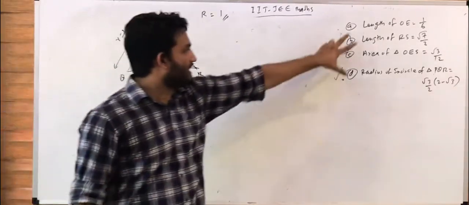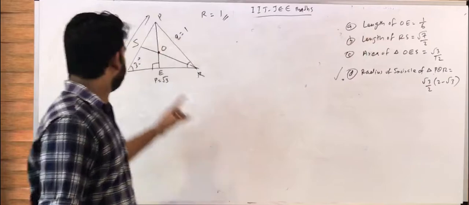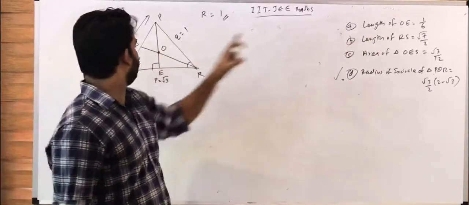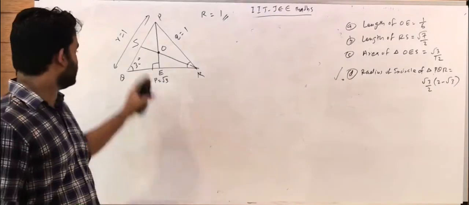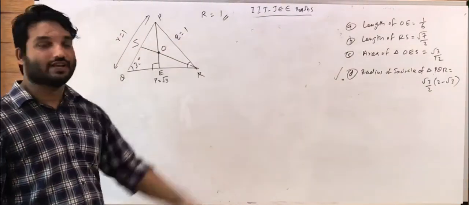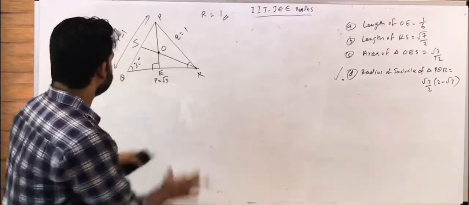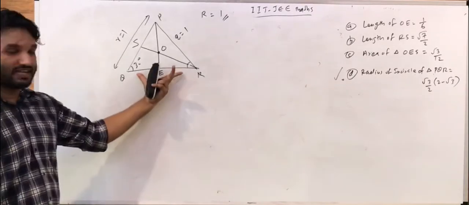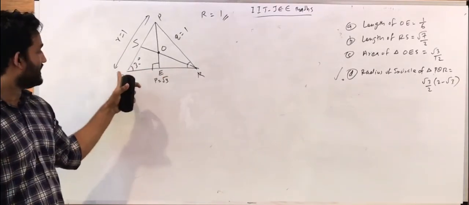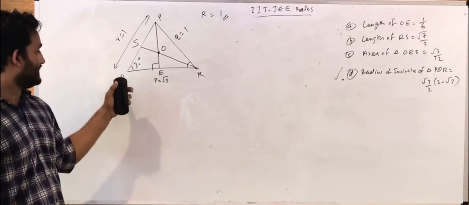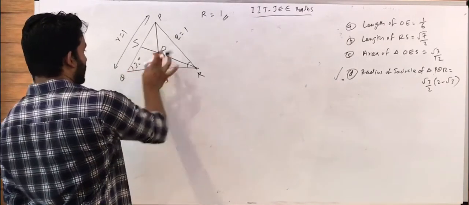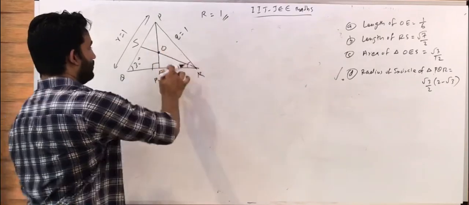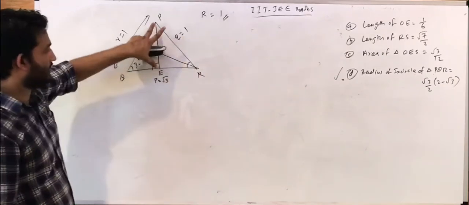Now see, here we are asked to find the length of OE and the length of RS. So it is better to draw this triangle in the coordinate plane. I take QR coinciding with the x-axis and Q as origin, because then it is easy to find the coordinates of O, since O lies on the perpendicular.